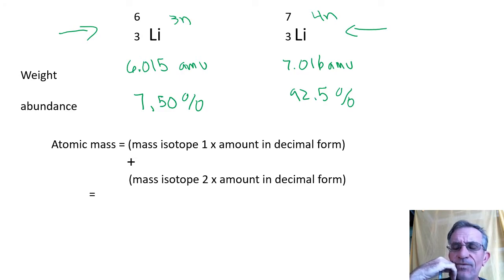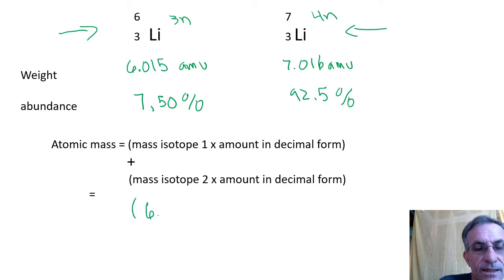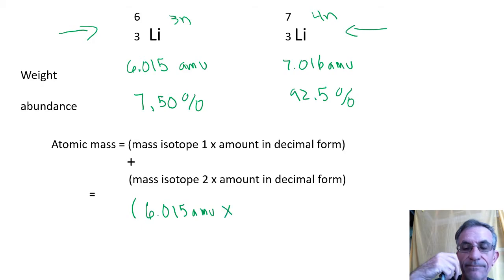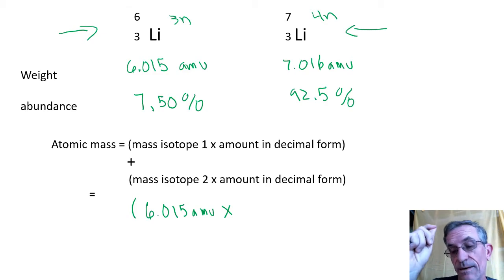So the way we use it exactly is we're going to take the first isotope, lithium-6, and we're going to take its weight, and we're going to multiply it times the amount of lithium-6 in the world. Now, by the way, the amount, we call that the abundance, not as a percentage. It's got to be a decimal number.